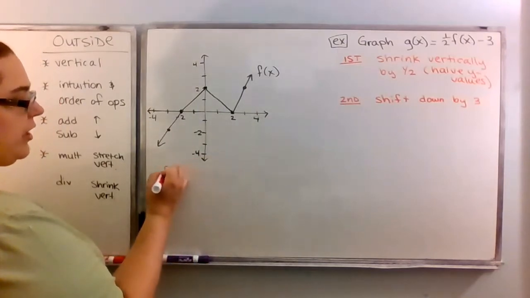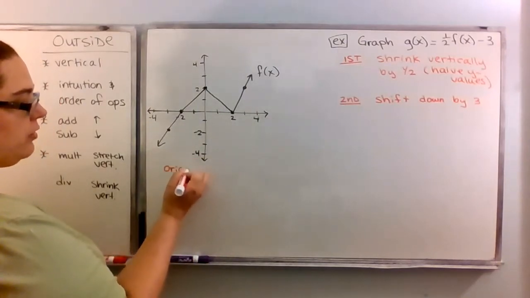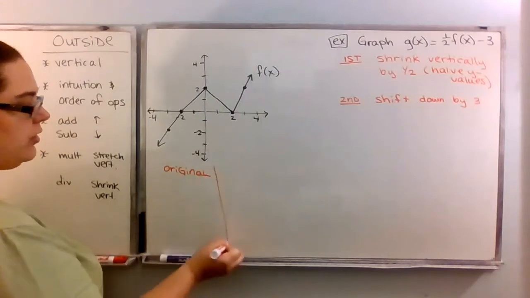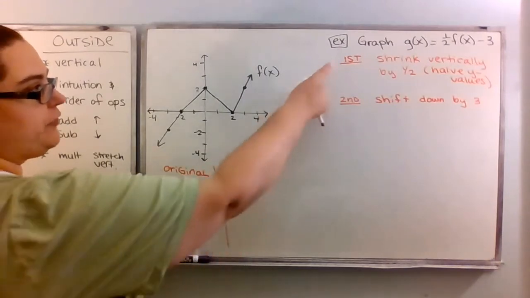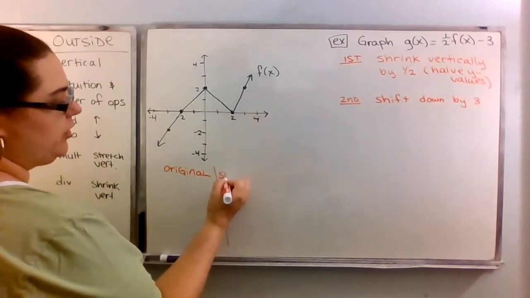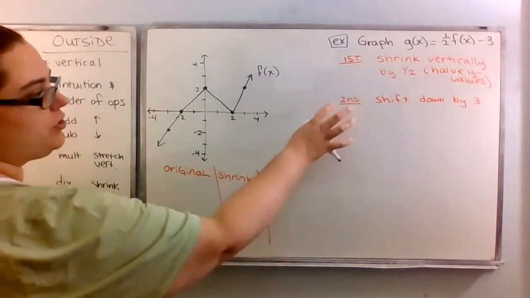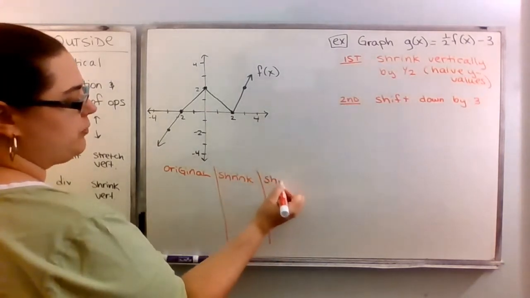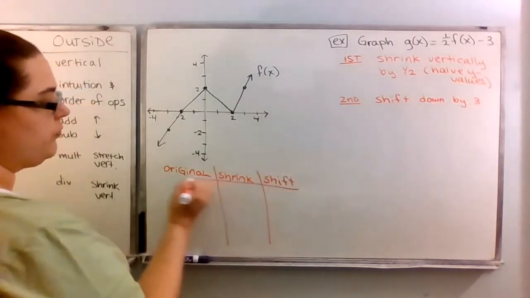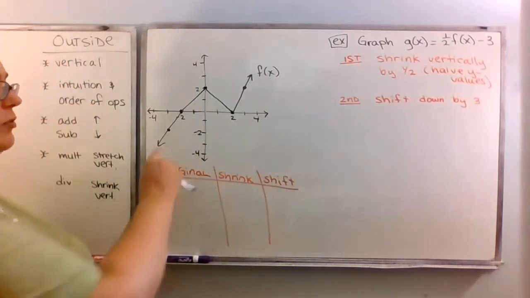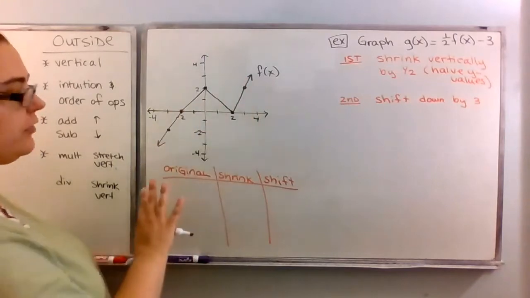So what I'm going to do is have the original point. Then I'm going to have, after my first step, the shrink. And then after the second part, we're going to have the shift. I'm going to list all of my original points here for reference.